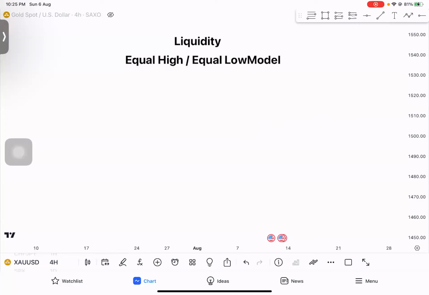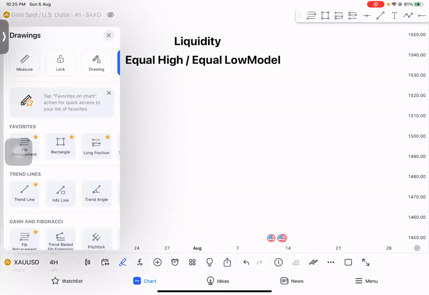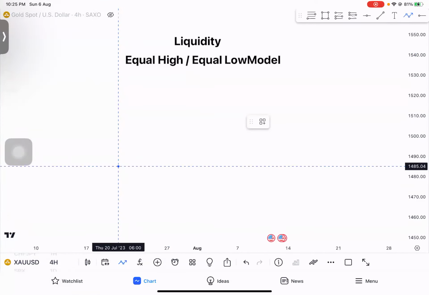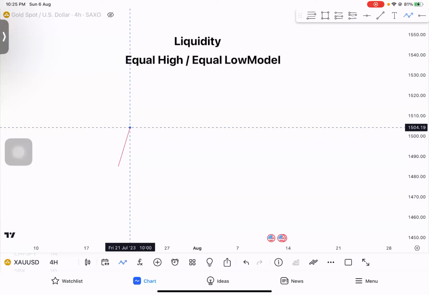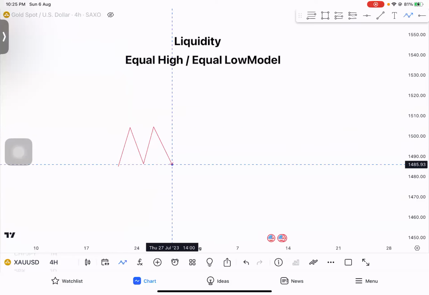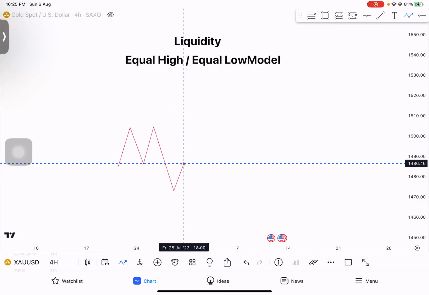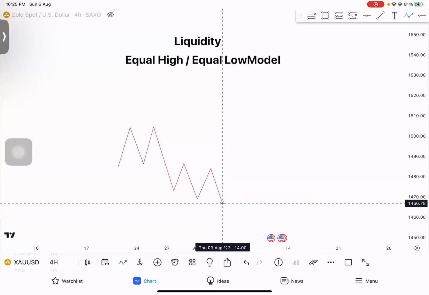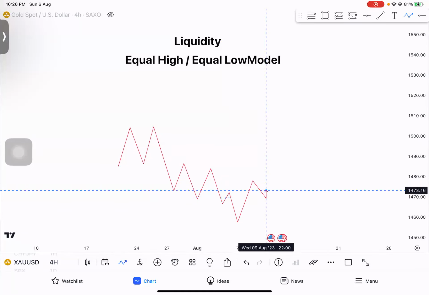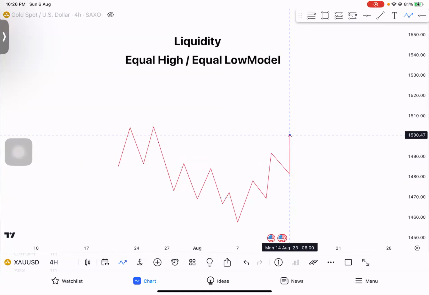Okay, let's go. So for the equal high model, I will draw the examples here first. For example, right here you got the equal high, which is two highs at the same level, and it comes down, keeps breaking out, and suddenly you got the pullback. It starts the compression, pullback, retracement.